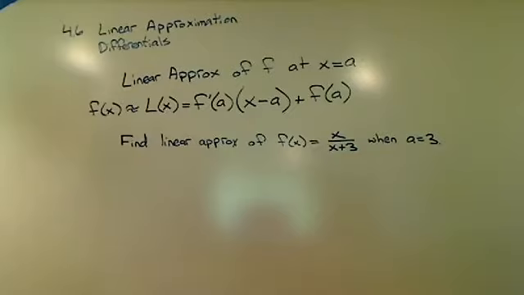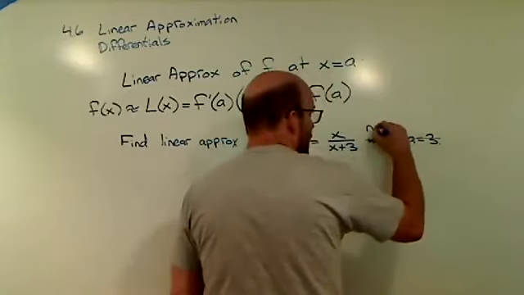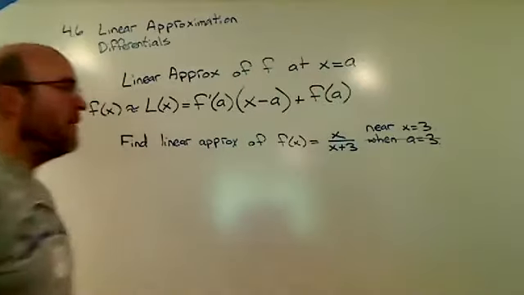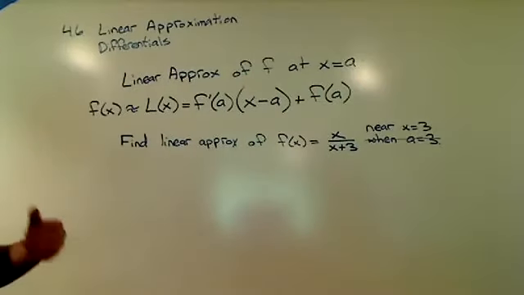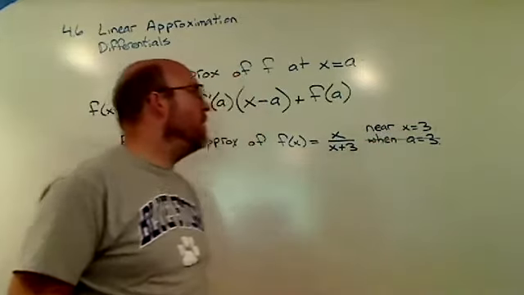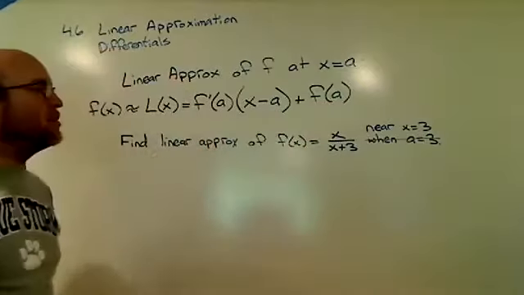Okay, and sometimes it'll be written like that. That's how our textbook starts. You can also kind of cross this out lightly and just say near x equals 3. That's another way that it's going to be worded. But whether it's giving you an a value or it's saying, hey, we want to be somewhere close to this x value, either one, that's the value that you're going to be evaluating your expression at.